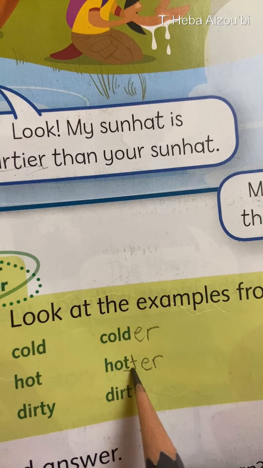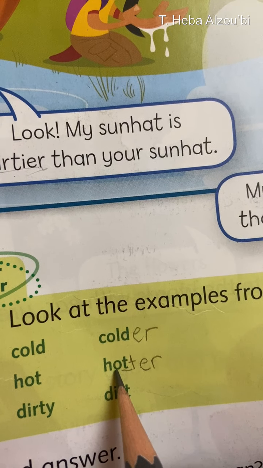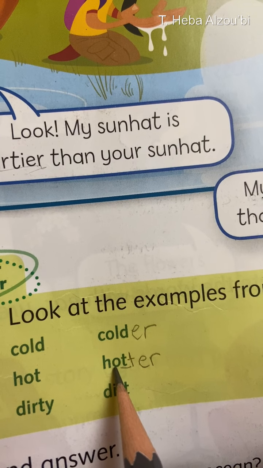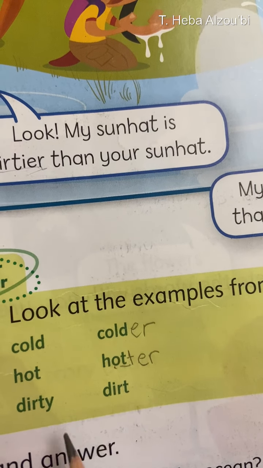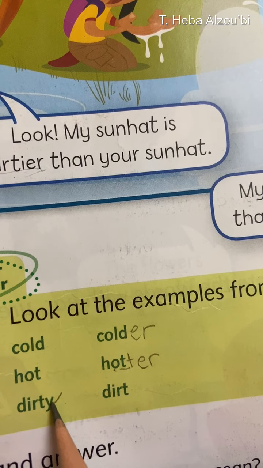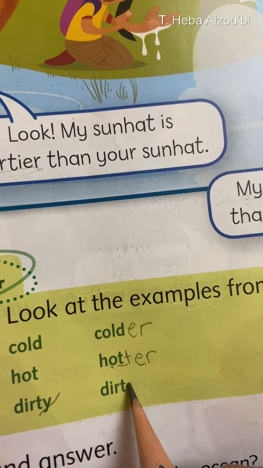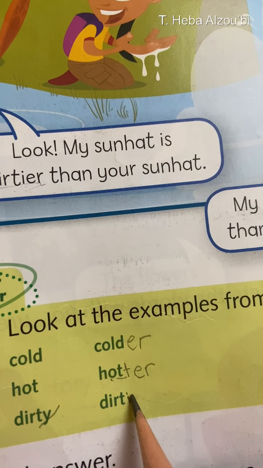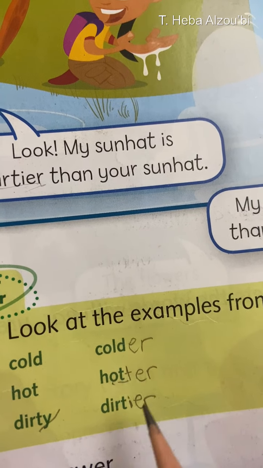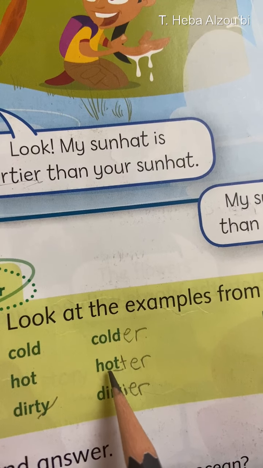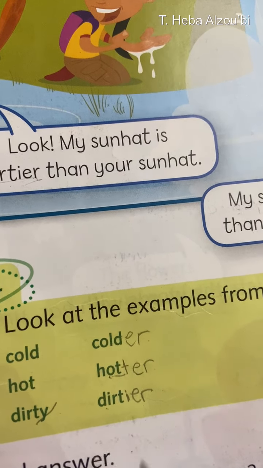We doubled the T because the previous one is a vowel. Dirty, we replace the Y with I. Then we add the ER. So colder, hotter, dirtier.